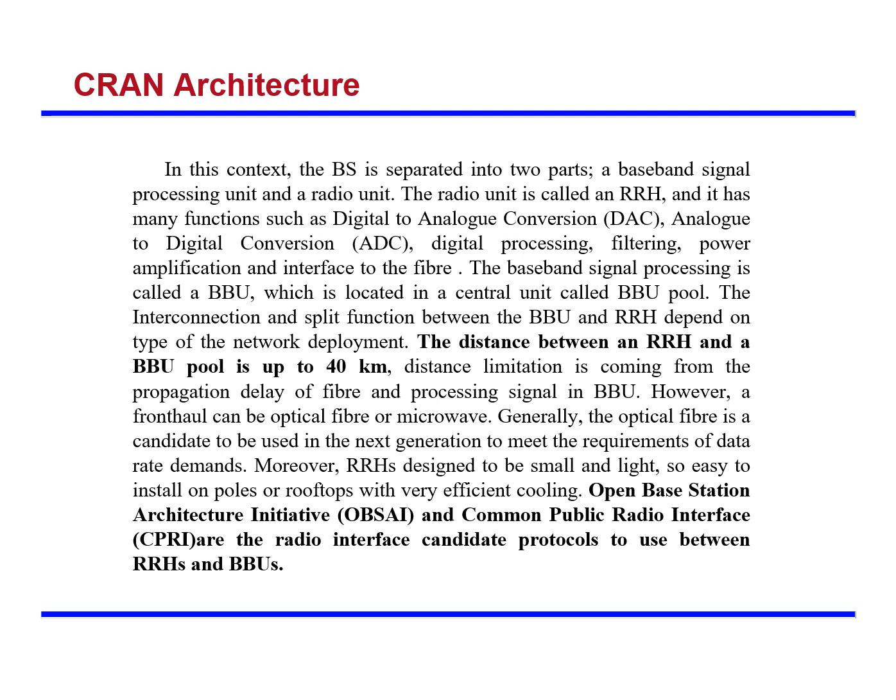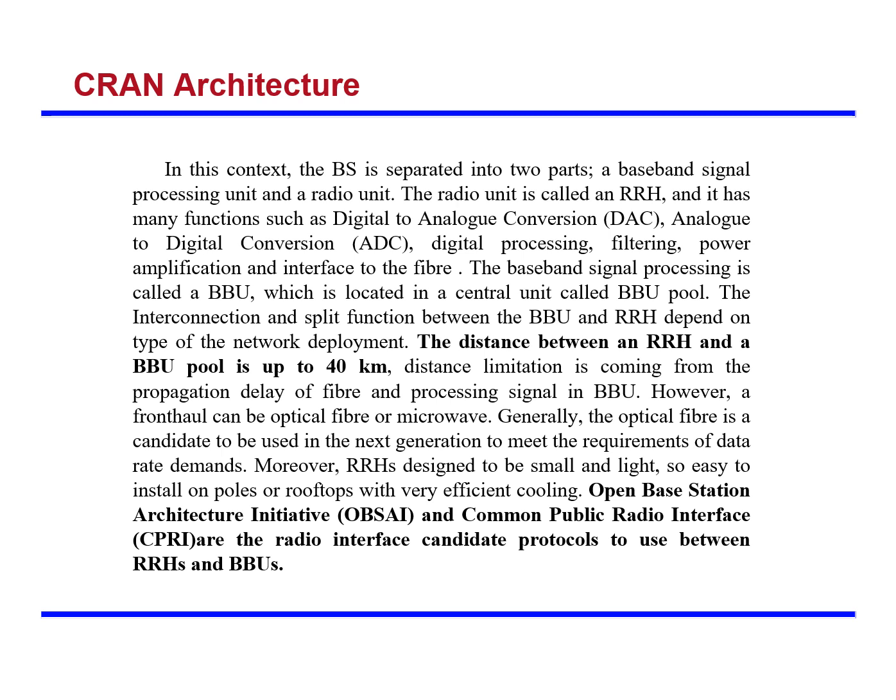The baseband signal processing is called a BBU, which is located in a central unit called BBU pool. The interconnection and split function between the BBU and RRH depend on the type of the network deployment. The distance between an RRH and a BBU pool is up to 40 km. Distance limitation is coming from the propagation delay of fiber and processing signal in BBU.